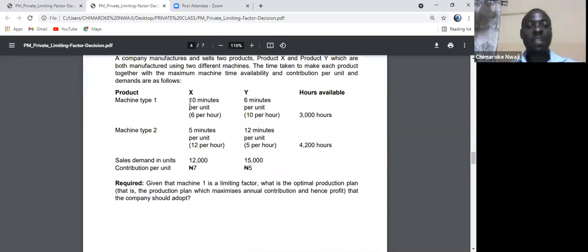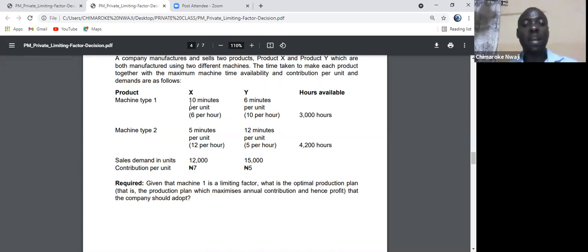Machine type 1, 10 minutes per unit, or 6 units per hour. Which do we take? Any of them. 10 minutes for 1 unit. Since the step says the scarce resource per unit, not per hour, we're going to take 10 minutes per unit.